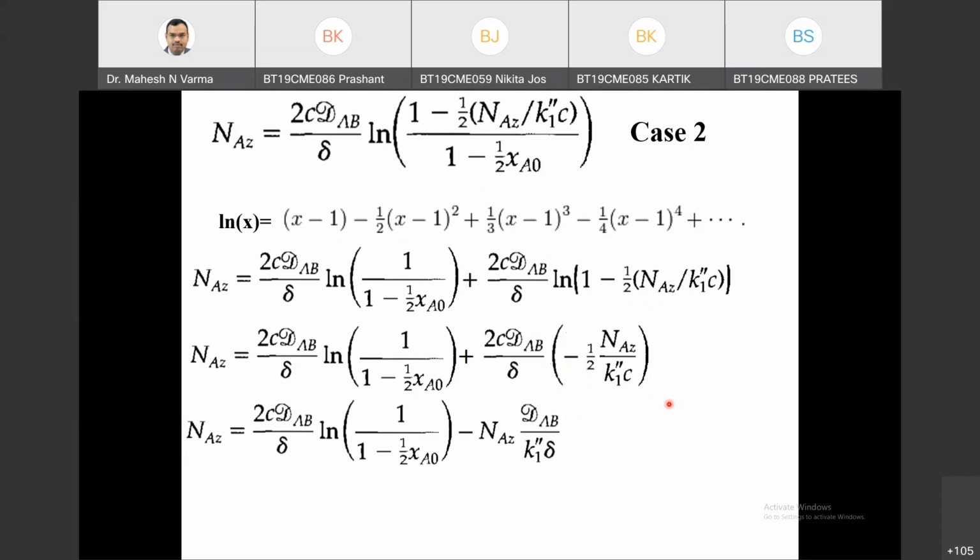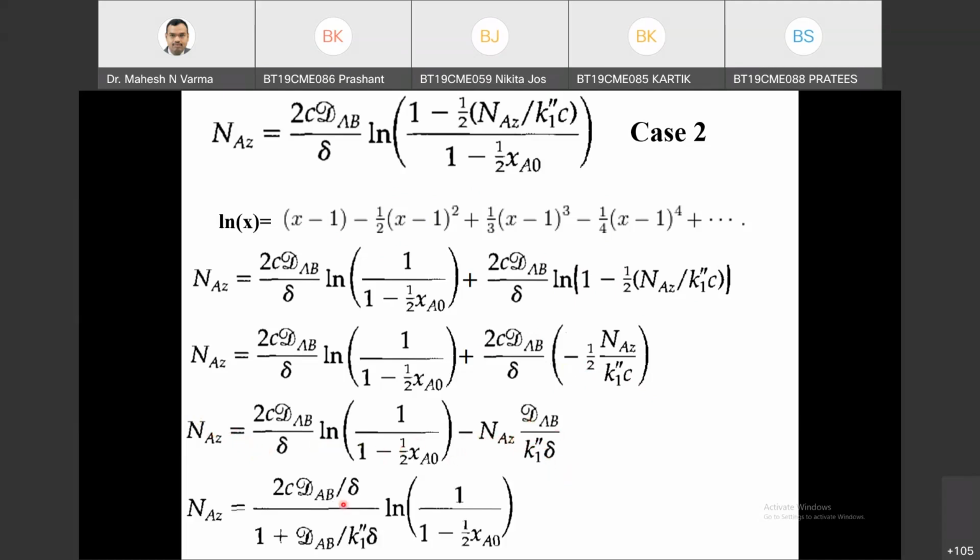Rearranging this equation, NAZ can be taken to this side, and it will be 1 plus DAB divided by K1 double dash. So this is the equation I will get. Everybody is getting this equation? Nikita, are you getting this equation?